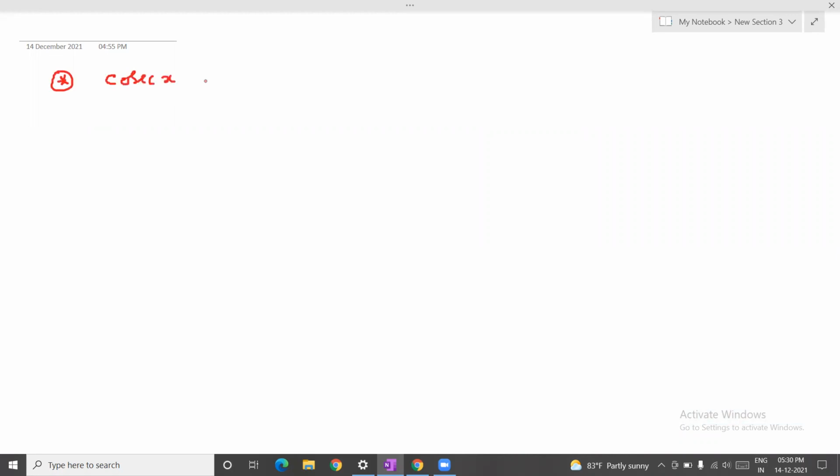Cosecant x plus root 2 is equal to 0. Please solve this one.